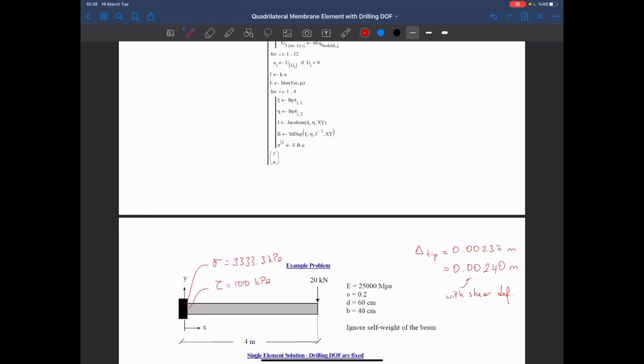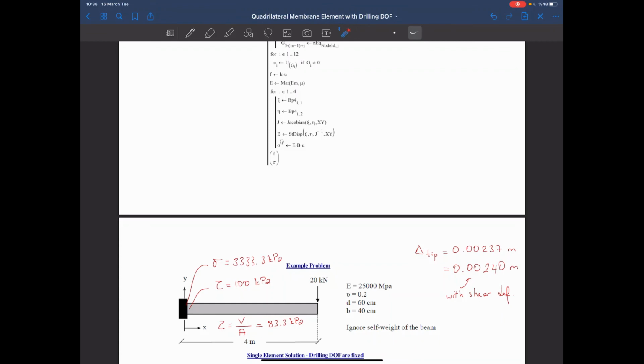But if you calculate the shear by just dividing the shear force with the area, you get 83.3 kPa. These are the analytical results, and remember that they were obtained from the beam theory. Now we are solving the same problem with the finite element, but I have the Poisson ratio here, which may slightly change the results.